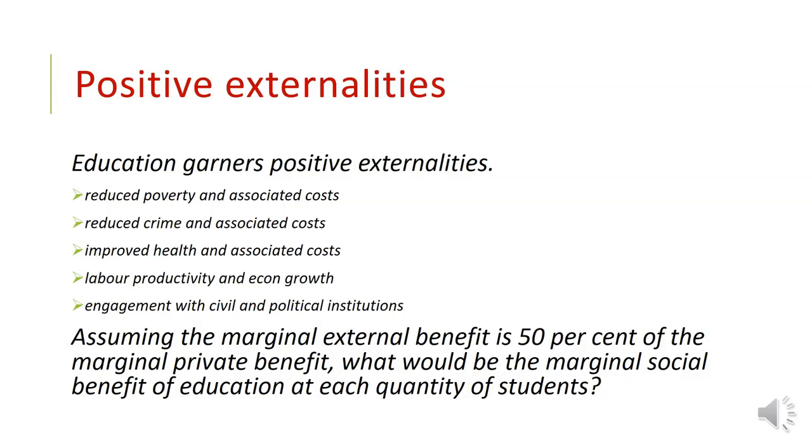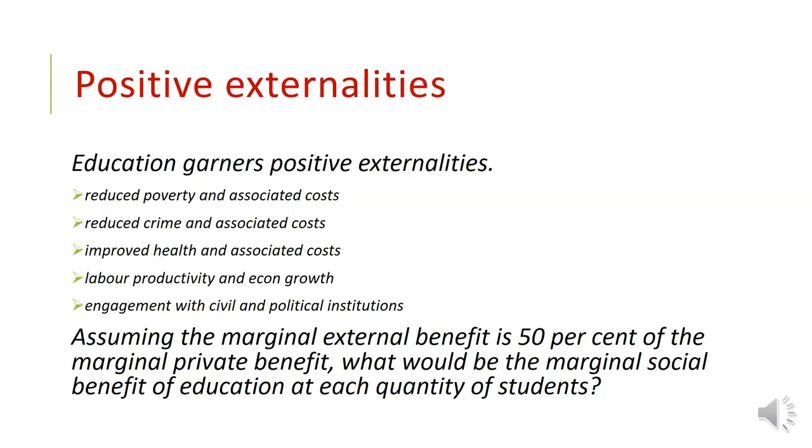So, for example, by virtue of education, there tends to be a reduction in poverty and the associated cost with that. There's reduced crime and a reduction in the associated costs of crime. There tends to be improved health outcomes and therefore lower health costs for everyone else as well. They don't have to pay for the same higher health costs.